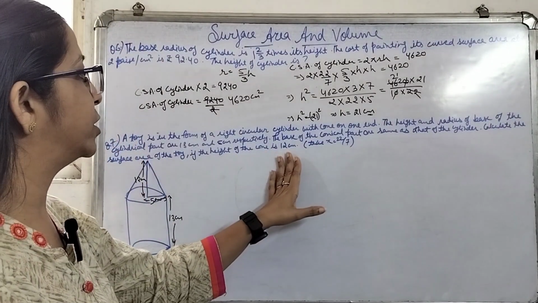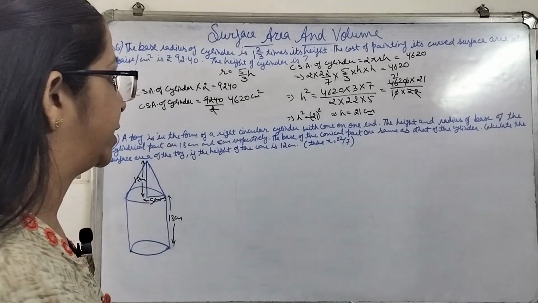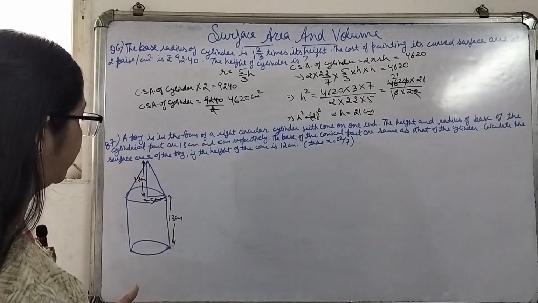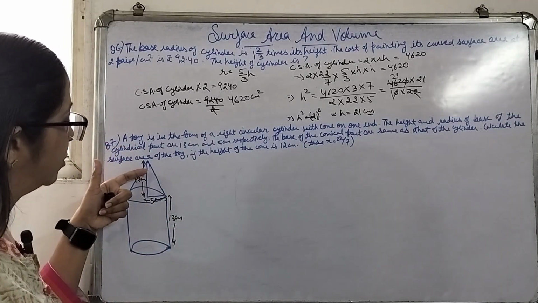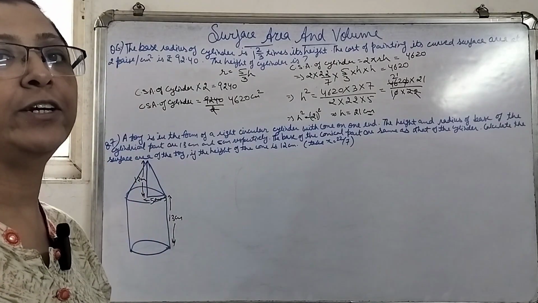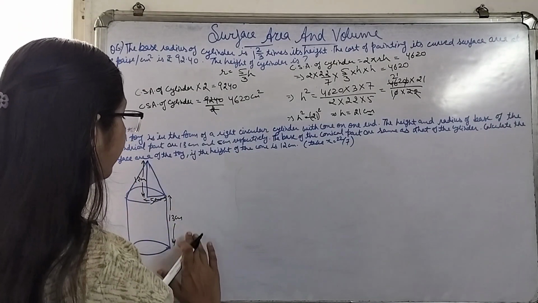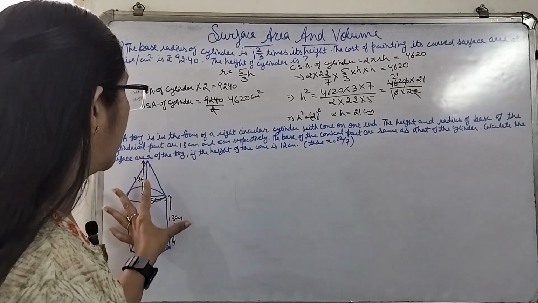If the height of the cone is 12 centimeter. The height of the cylinder is given as 13 centimeter, the radius for both the cone and the cylinder is 5 centimeter, and the height of the cone is given as 12 centimeter. What we need to find is the total surface area of this whole toy.